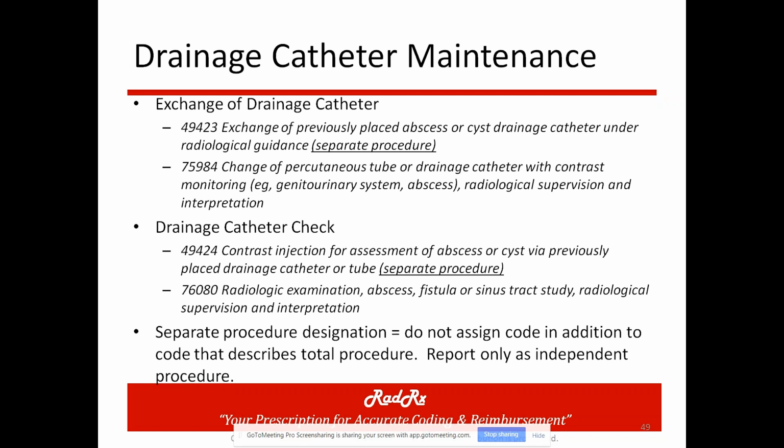Now there are exceptions to that rule in interventional radiology, where from time to time you will be reporting 76000, just like I showed you 2 slides ago. It does happen in certain scenarios, but by and large, because it has that designation, unless it's the only procedure that's performed, you wouldn't be reporting that separately. So make sure you watch those codes that say separate procedure designation.